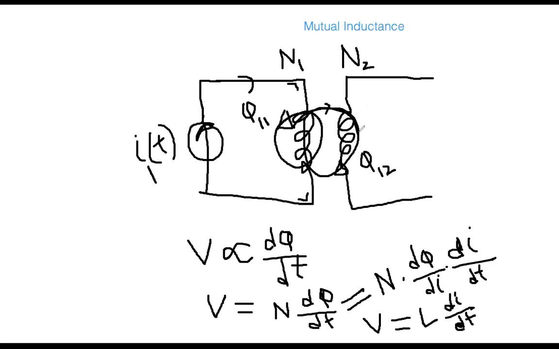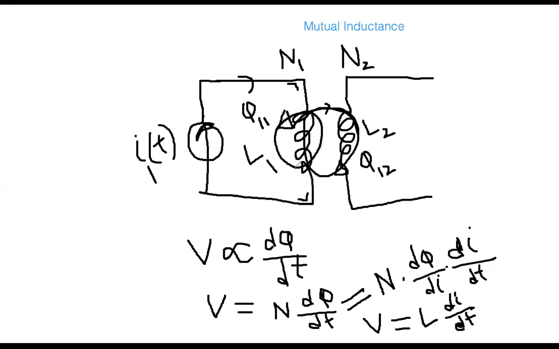When there are two coils nearby, this coil has its inductance L1, and this coil has its separate inductance L2. But then both coils have one common inductance, which is called the mutual inductance. I am going to explain how that happens.